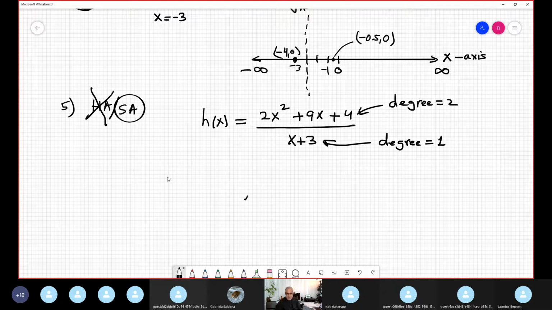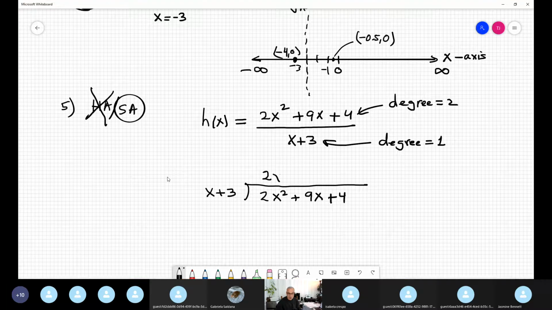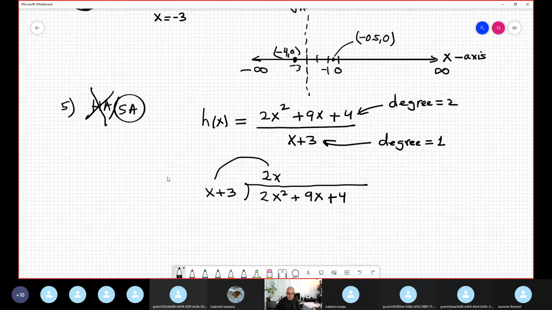So you divide this polynomial by this binomial. Well, it's obvious that the first term of the quotient here is x, because I know that x times x is equal to x squared. This is the basic idea. You copy x squared, and you multiply, and this now is 3x, and you put it here.